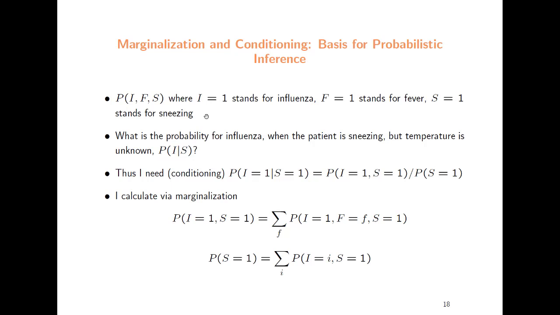And we are interested in the probability for influenza, so for the disease, when the patient is sneezing, but the temperature is unknown. Unknown means we marginalize out, and this inference is conditioning. So we are interested in the probability for influenza given the sneezing.